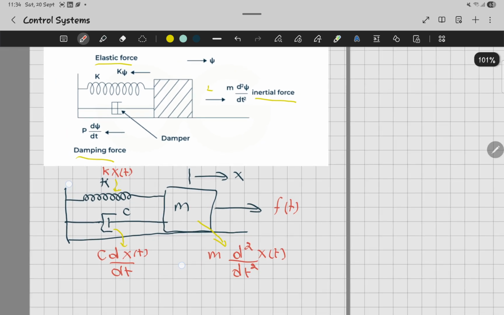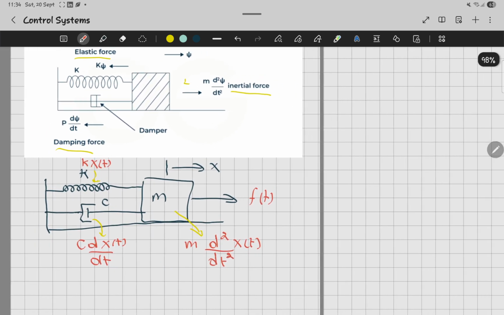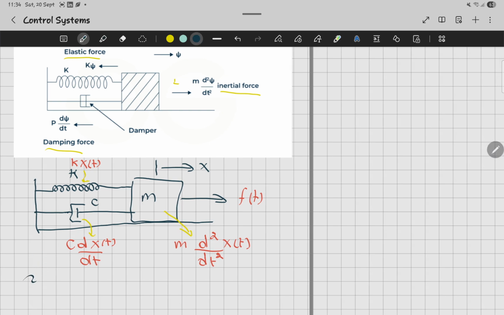And if you have to write this equation in a differential form, you will get something like this. f(t) equals, start with the mass or the inertial force, plus the damping term, then plus kx(t).